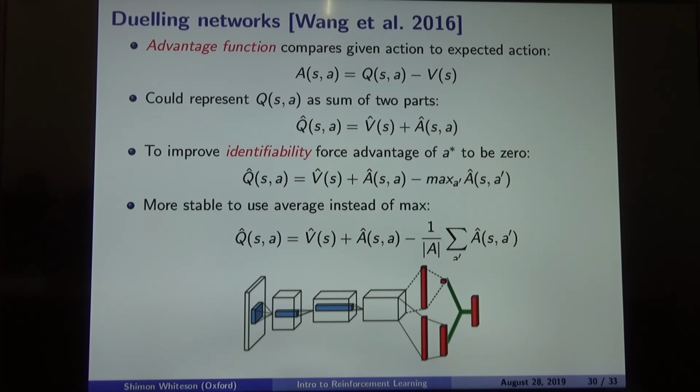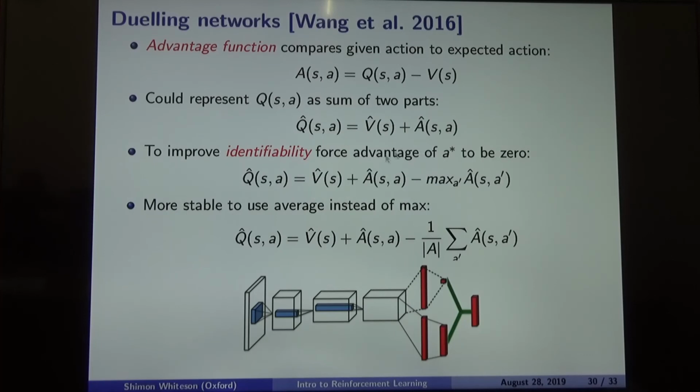What we're doing is basically encoding in the network architecture the prior knowledge that for the best action, the advantage should be 0. If I'm learning the value of the optimal behavior, then for the best action the advantage should be 0, and everywhere else it should be negative. So these two terms together become the advantage.